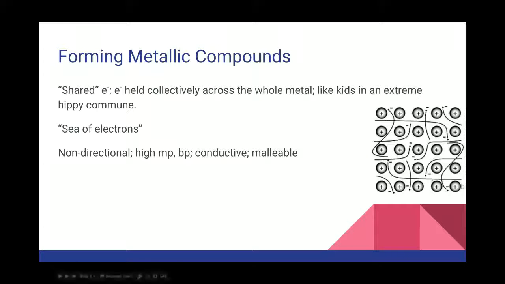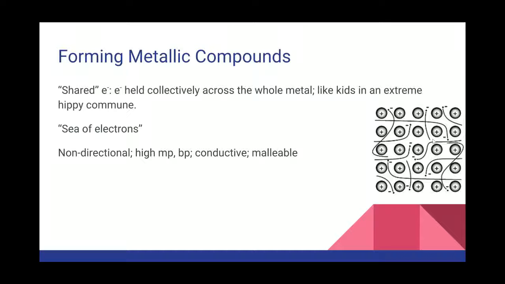And because you have this sea of electrons, the entire structure, the electrons are free to move from anywhere in the structure to anywhere else in the structure. So they are conductive. They're conductive whether they're solid or liquid. They don't dissolve in water, but they're still conductive.